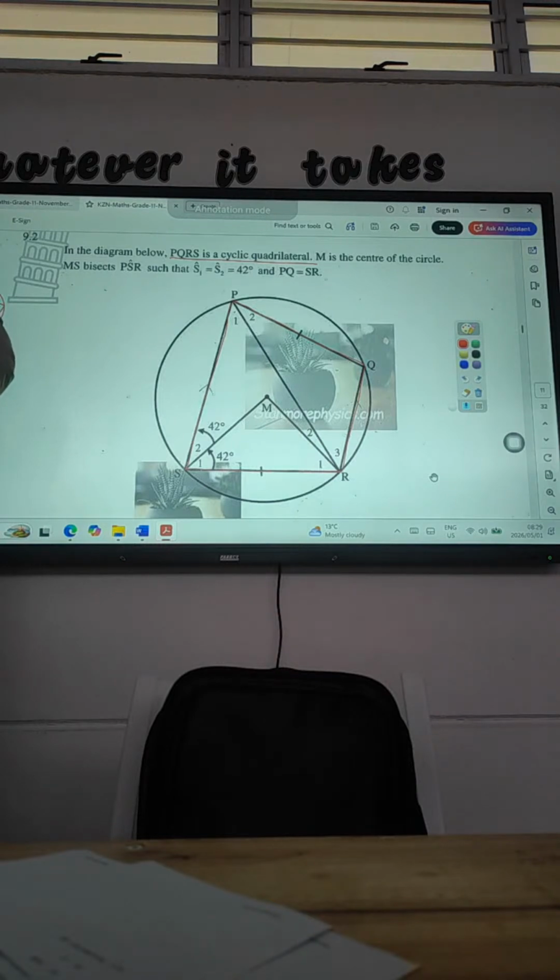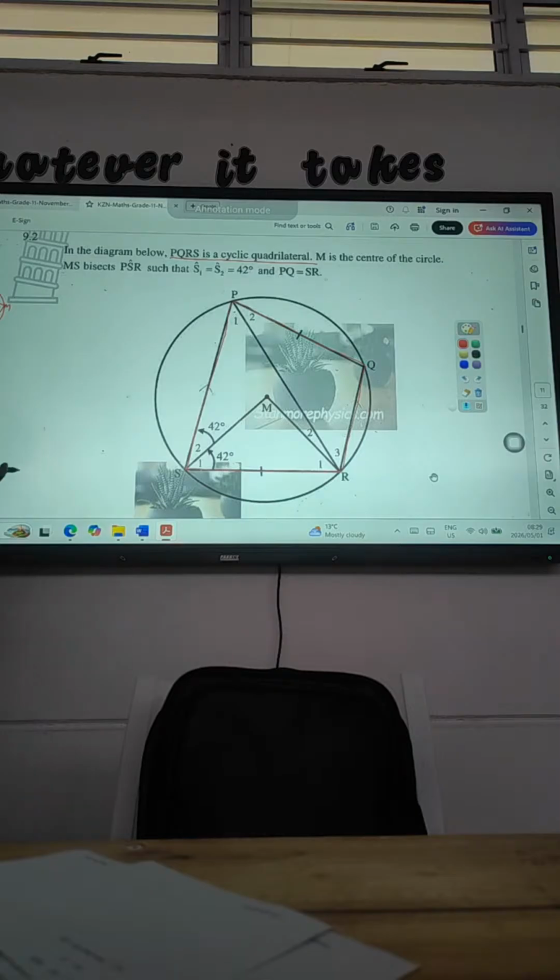I know that if there's an exterior angle, which I don't see, this side will be equal to the interior opposite one, and this angle plus this angle must give me 180. They are supplementary angles, so they need to give me 180 degrees. That's what must come to your head because we have a cyclic quad.